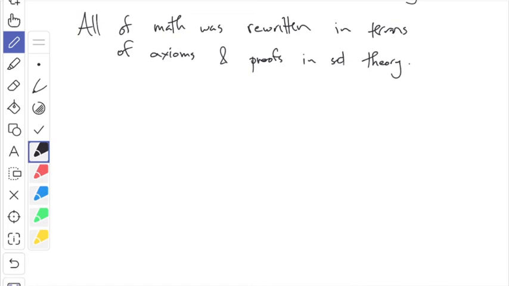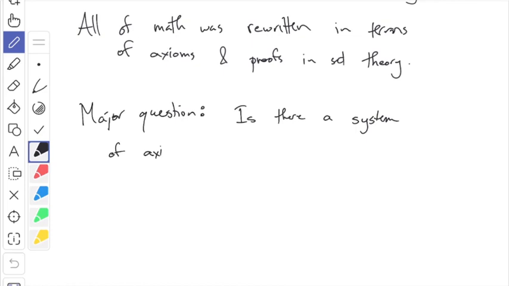So, at this time in history, there was a major question. The major question was: if we make a list of axioms, could there be some kind of mother list of axioms for all of mathematics, so that everything in math can be proved using these axioms? Is there a system of axioms from which any theorem could be either proven or disproven?